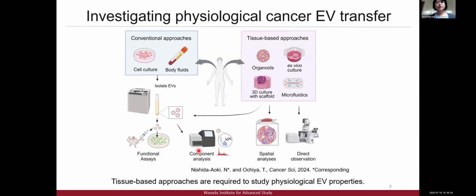So to truly understand cancer EV transfer and the resulting communication between cancer cells and surrounding cells in real tumor tissues, we really need a tissue-based experimental system which allows EV observation and further EV studies.